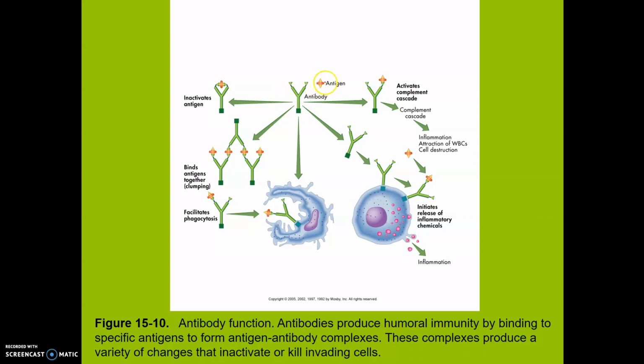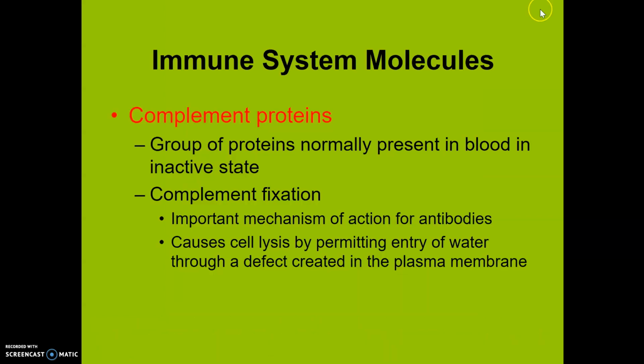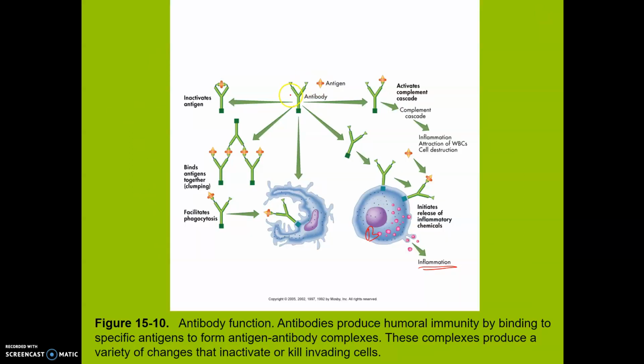So let's just pretend that little rod in the middle is our E. coli with two proteins on the outside. Oh, I got skipped forward real quick. Sorry about that. Go back again. So we have our antibody here, our little E. coli here with the antigen on the outside. The antigen and the antibody come together to form a complex that can activate the complement cascade, which is a series of steps that'll help kill the E. coli.